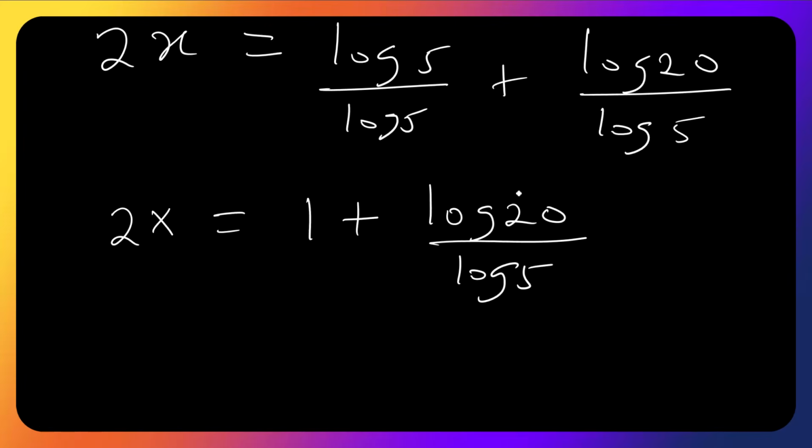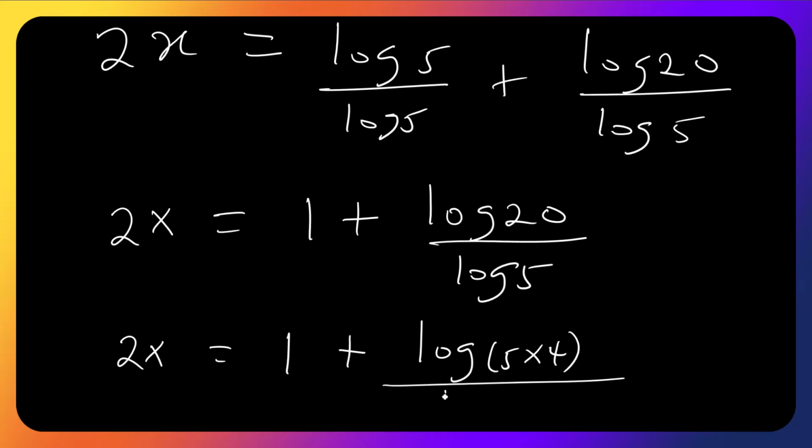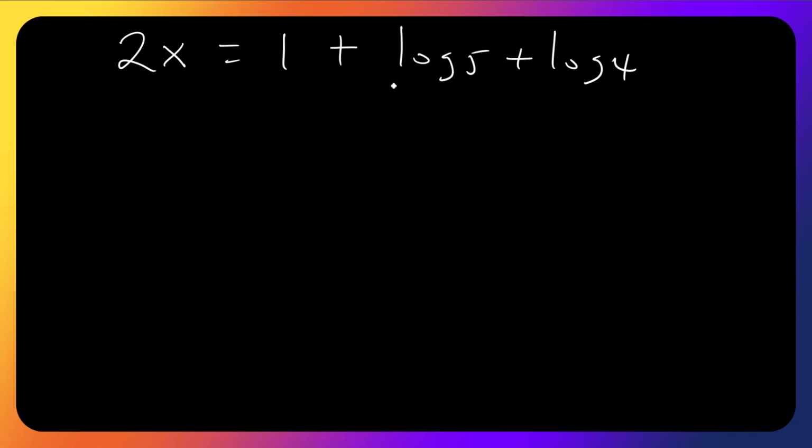Now we can go again. So 2x equals 1 plus, so 20 will be 5 times 4. 5 times 4 is 20 over log 5. So we still have a product. 2x equals 1 plus log 5 plus log 4 on log 5.